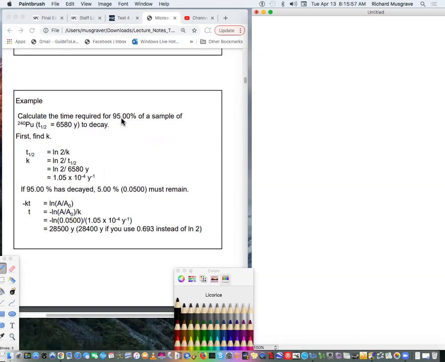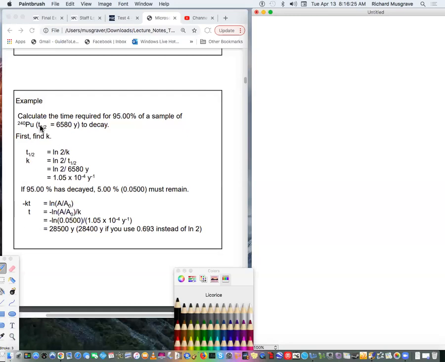And if we take 5.00% and convert it into a decimal, this is what we get, 0.0500. So that becomes the fraction remaining is going to be 0.0500. So that gets substituted in for a over a0, and we end up calculating a time here, which is 28,500 years.